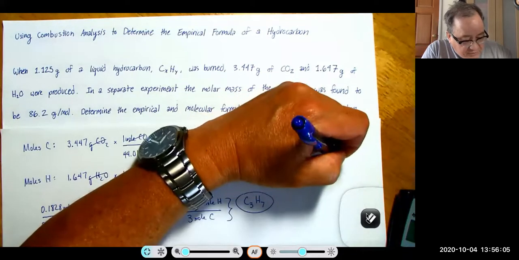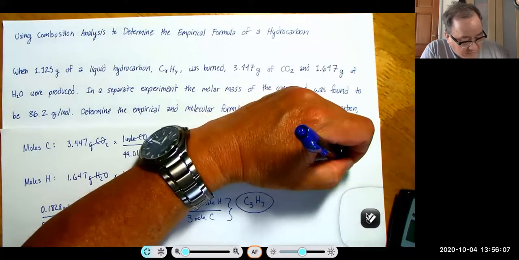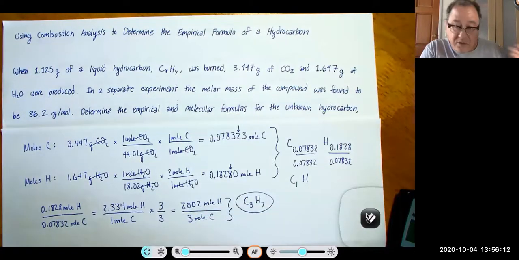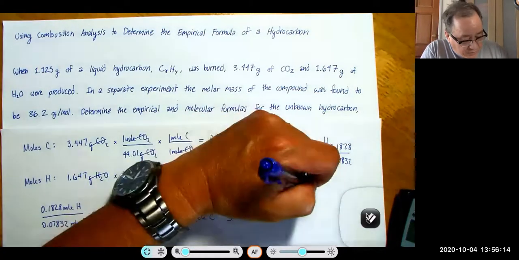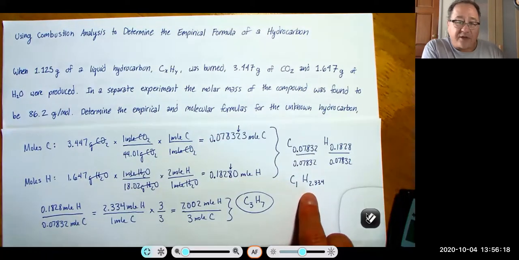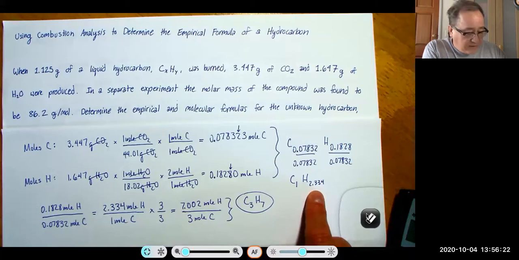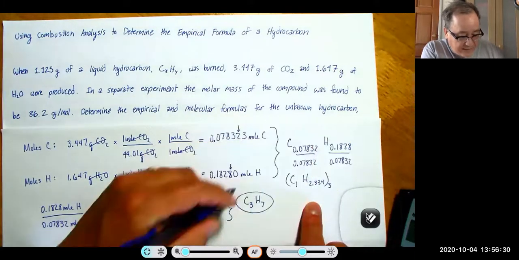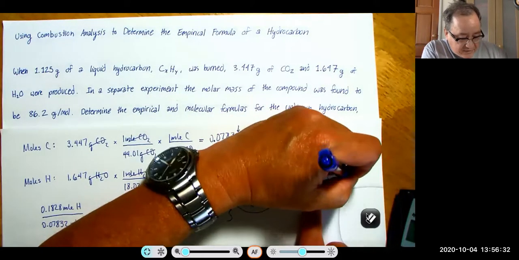And the reason you do that is that you're going to get one number that is 1 and the other number that is not 1, but greater than 1. So here we get 2.334. And here you do the same trick. You don't want that to be such a fraction or a decimal. You want it to be a whole number. So in this case, I would multiply the whole thing by 3, and it becomes C3H7.